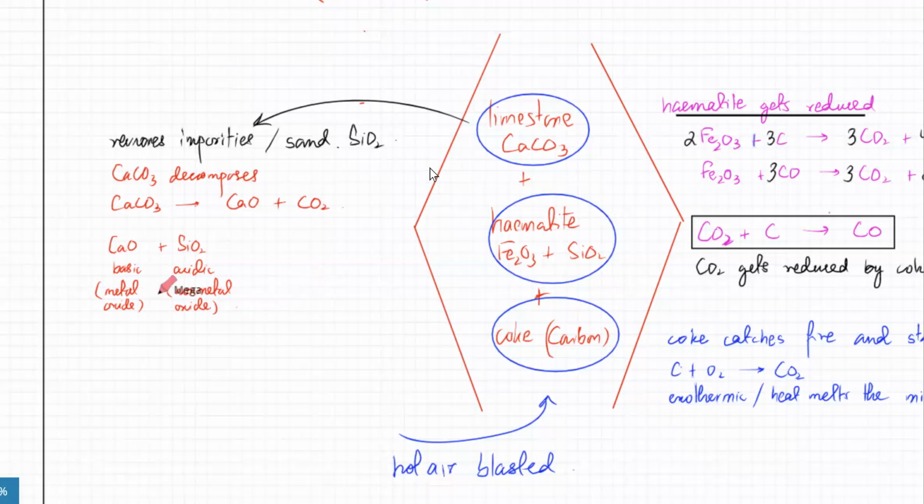And when these two react together, they form calcium silicate, which is known as slag. So this slag is produced. And the thing with slag is low density.